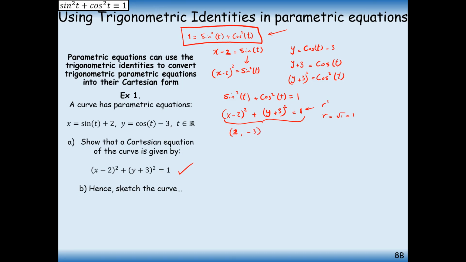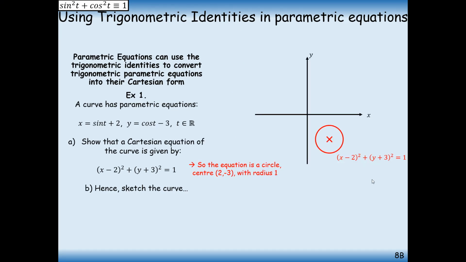If we take point 2 to be there and point minus 3 to be here, and put a dot for the center, and divide that proportionally, we will have some sort of a circle right here. My drawing isn't perfect, but I'll show you on the next slide what the perfect drawing looks like.